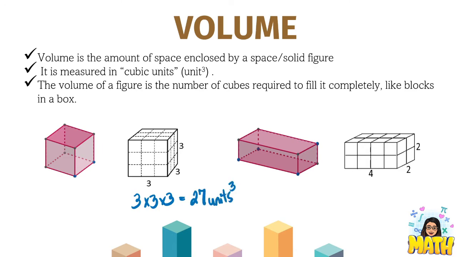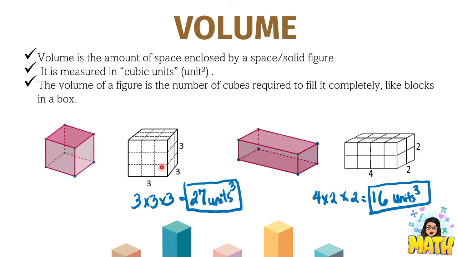For the rectangular prism, we have the base 4 times 2 layers, that is 16. There are 16 cubic units in this rectangular prism. Using this illustration, we can see the reason behind using the cubic units, because we are simply counting the number of cubes that can fill in the space inside the 3D figures.